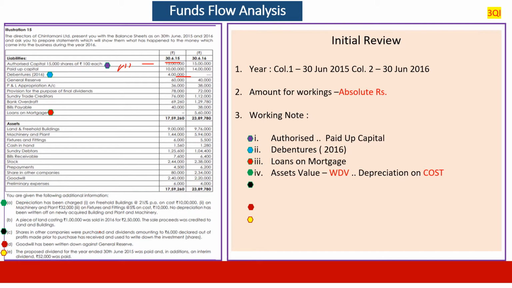In case of depreciation, we understand that whatever appears under assets, they are all WDVs. Therefore, whenever they have said depreciation has to be a percentage on cost, we have to apply on costs separately furnished by the problem as such. Hence, we should be careful while calculating depreciation.